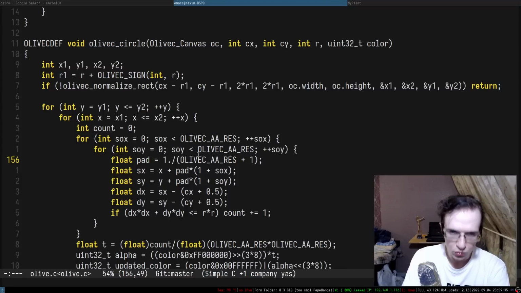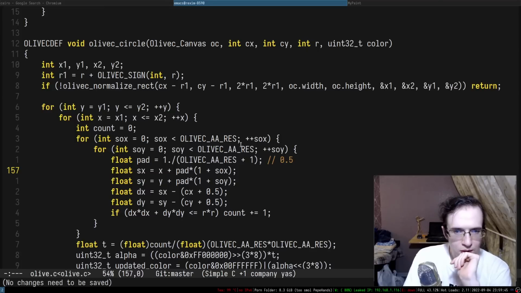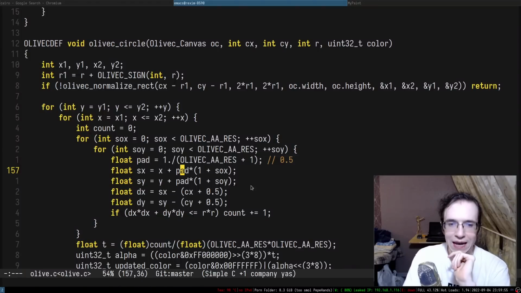So that means you just do one iteration in here. The padding, because it's +1 and you divide it by 2, the padding has to be 0.5, right? It becomes half. So this is the padding. Then here we always do +1, so you always add half, right? You always add half to here. And then you take the center, you take the difference from the center.